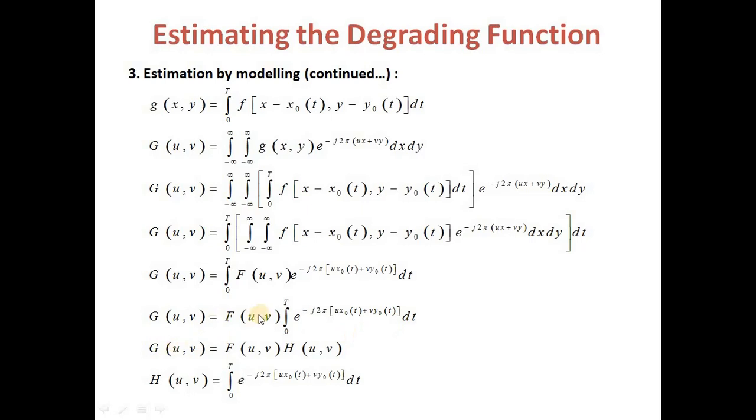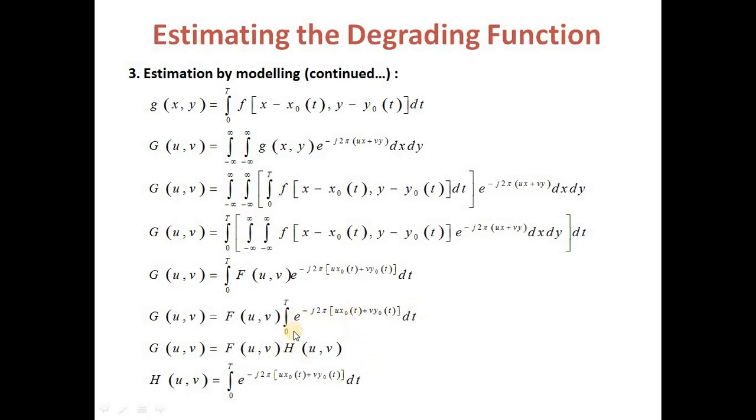If you look closely, this is in the form of G of u comma v equals F of u comma v multiplied by some H of u comma v, where H of u comma v is this expression.